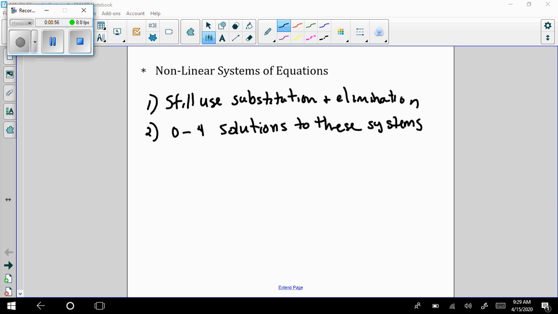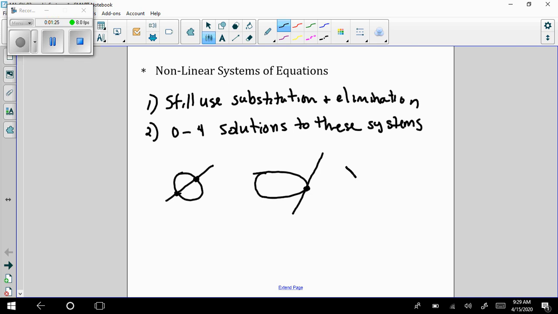And you need to realize that you could have anywhere between 0 and 4 solutions to these systems. So for example, if you had a circle maybe intersecting with a line, you would have 2 solutions, depending on how the line goes. You could have an ellipse and maybe a line intersecting the ellipse at one point, so there would be 1 solution.